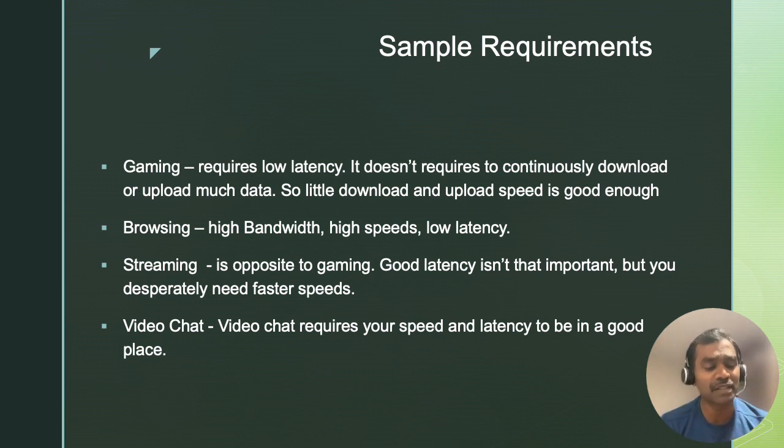We need high bandwidth, high browsing speed, and low latency. Streaming is the opposite of gaming. We need the highest speed, but we don't need good latency. But when it comes to video chat, we need good speed with good latency, meaning lower latency.